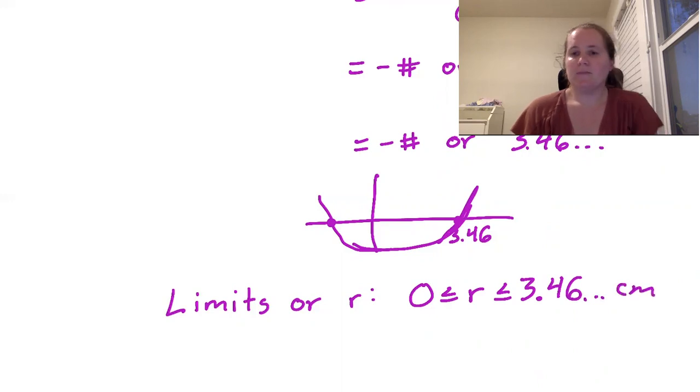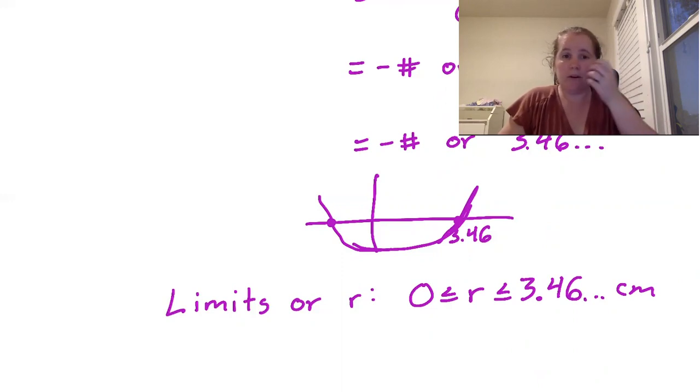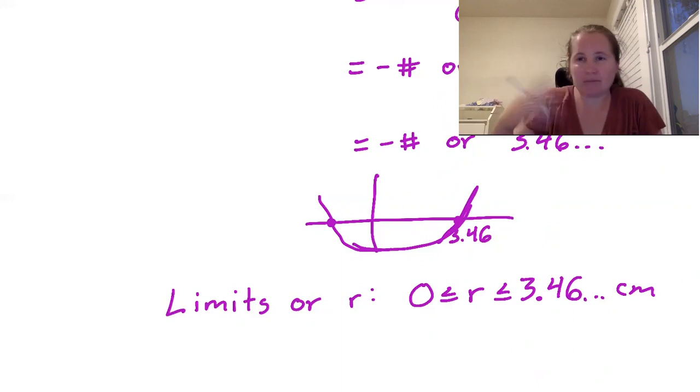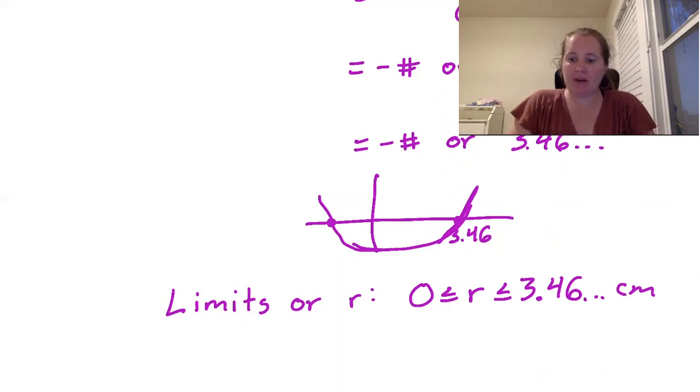in centimeters. So in this problem, technically it'll be 0 is less than R, since it doesn't really make sense to not have any width to our container, but we'll leave it at this for now.